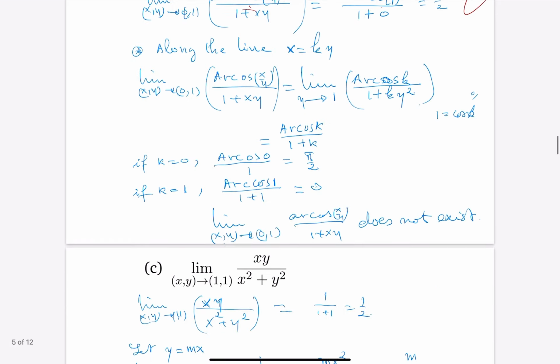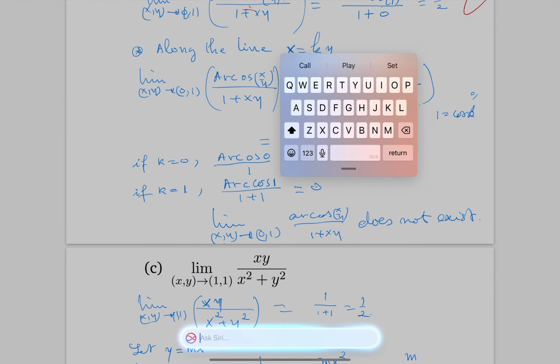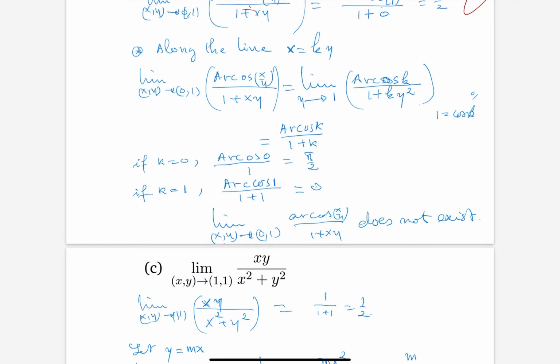Now along the path k, let's choose a path such that x is ky. Okay? If you choose a path, you have a limit of x and y going to 0 and 1 equal to y goes to 1, such that the limit is this one.